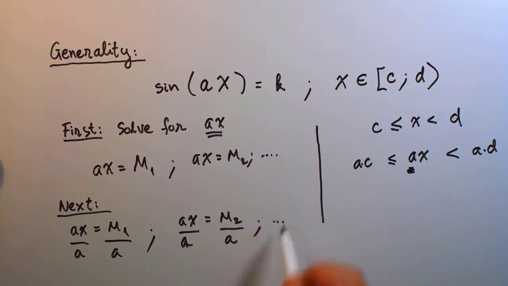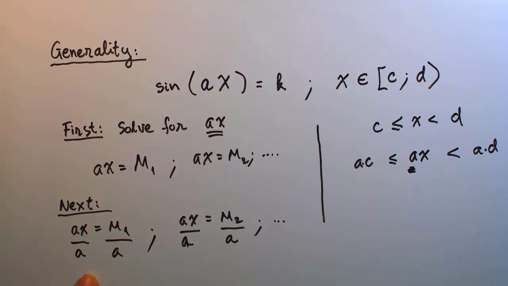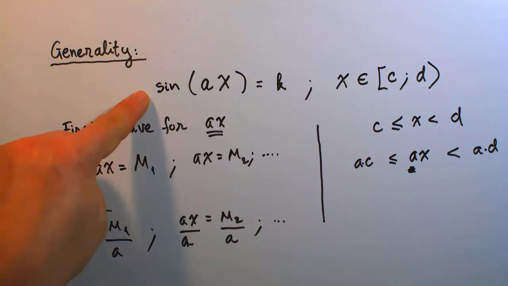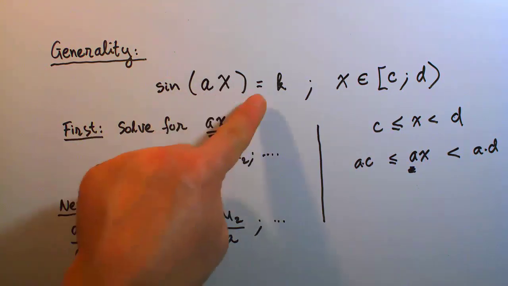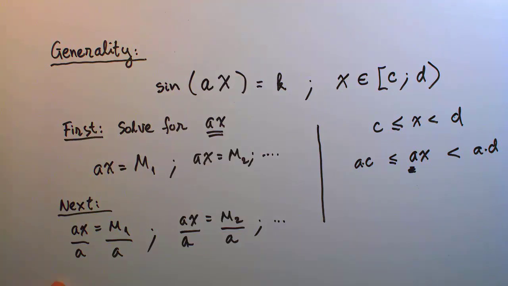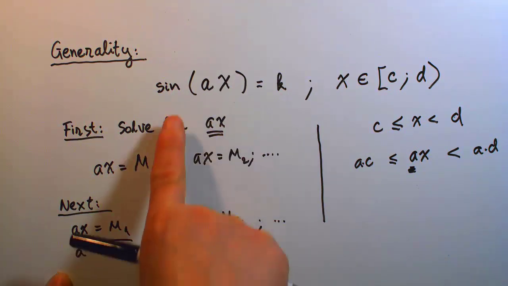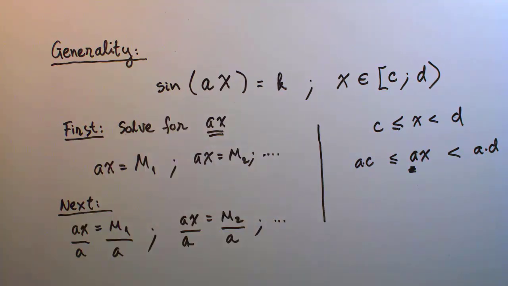That's how we produce all the different solutions to the equation sine or cosine of AX equals a value K. And once again, this generality also works if your function was a cosine function.